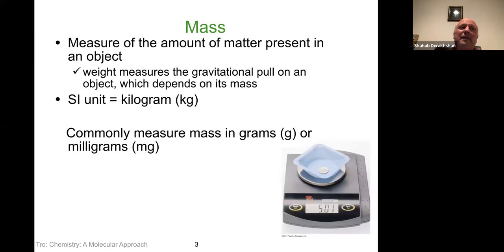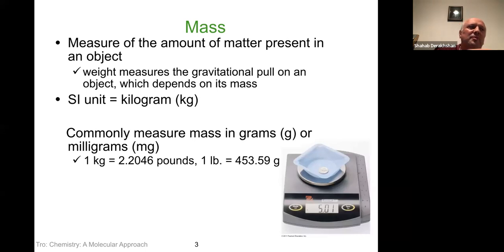So for example, in lab, we are usually measuring things by grams and milligrams. And as I said, we have other units such as pounds. There are unit conversions between kilogram and pound and gram. Those are things that you don't need to memorize, but you need to know prefixes that are used.